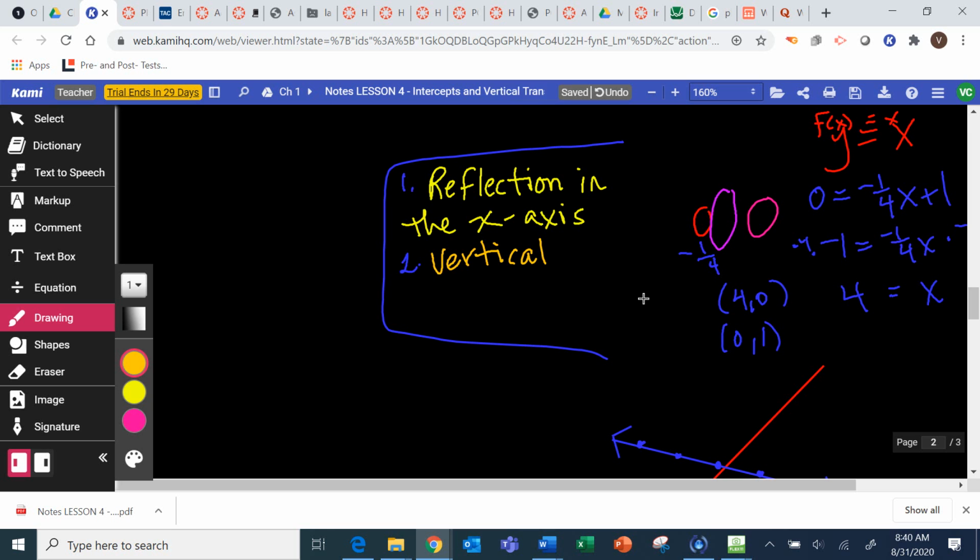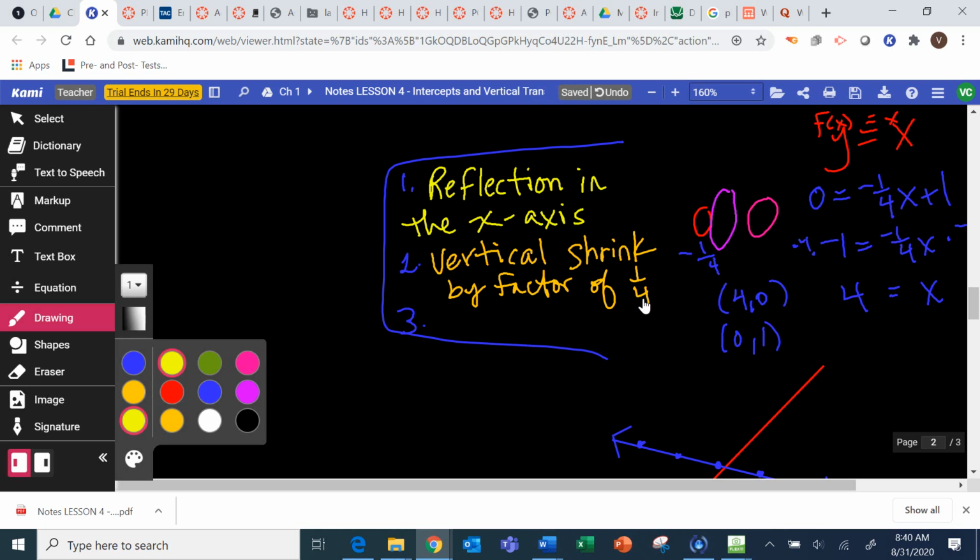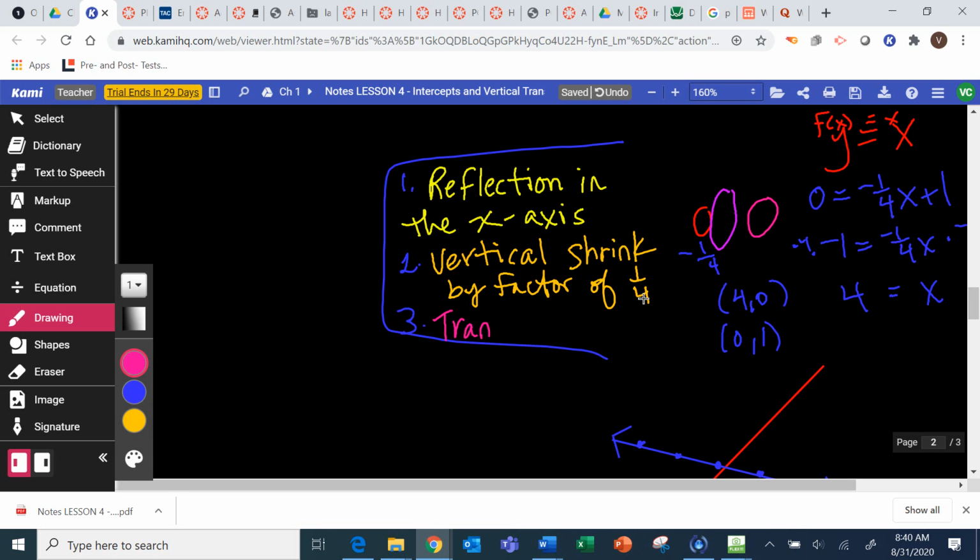Okay, is it going to be a stretch or a shrink? Nina. It's 1/4. A shrink. Perfect. So we're going to say a vertical shrink by factor of 1/4, because that's what we're multiplying by. And then the third one is a +1. So we say translate up 1 unit.